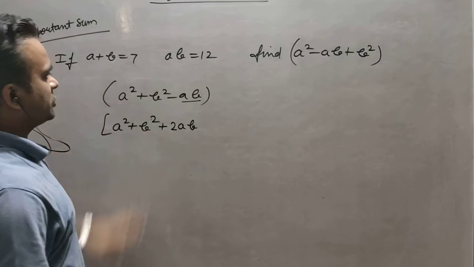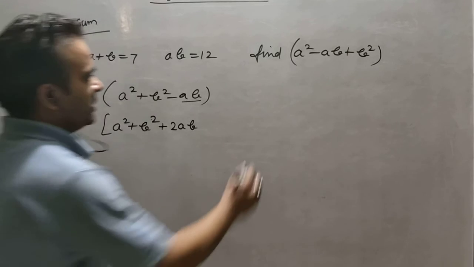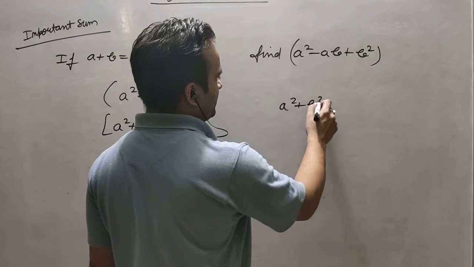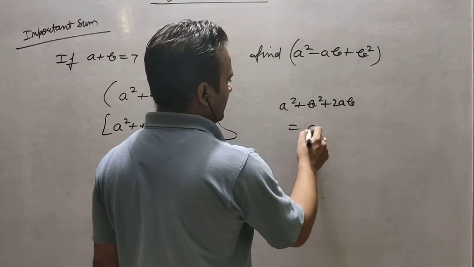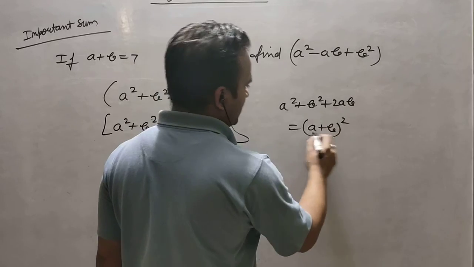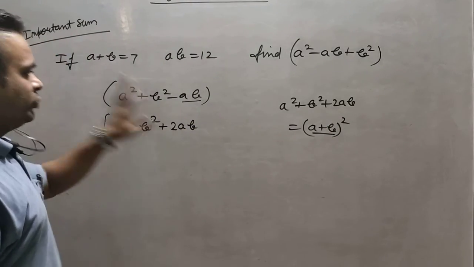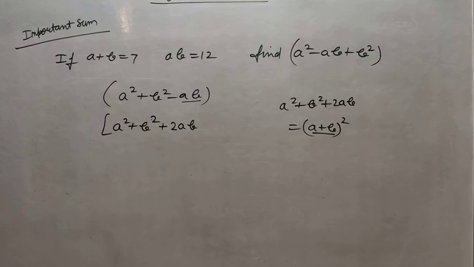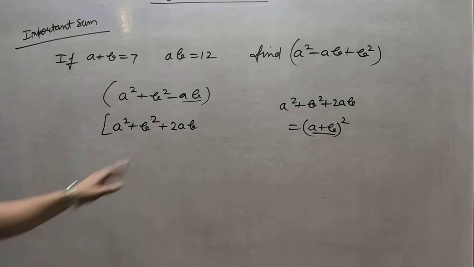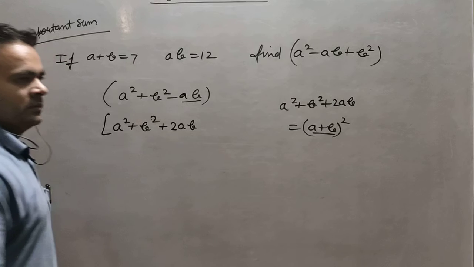And you can see it is in the square form, a square plus b square. If I get a square plus b square plus 2ab, then I will get a plus b whole square, and then I can put the value of a plus b here. Only 2ab is not here. So what we are doing, we are adding 2ab from our side, right?